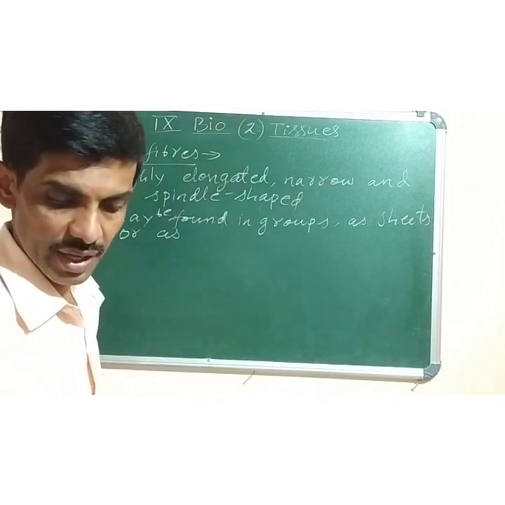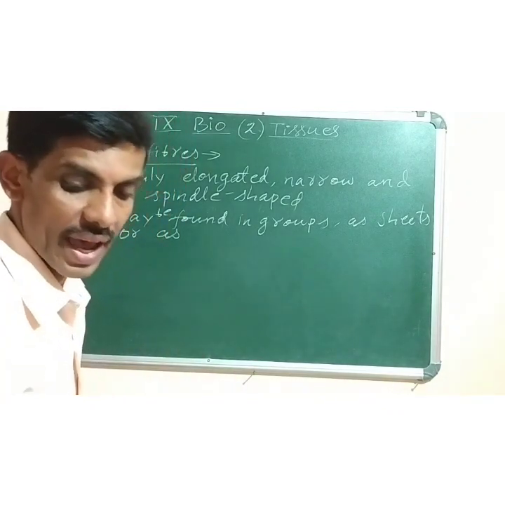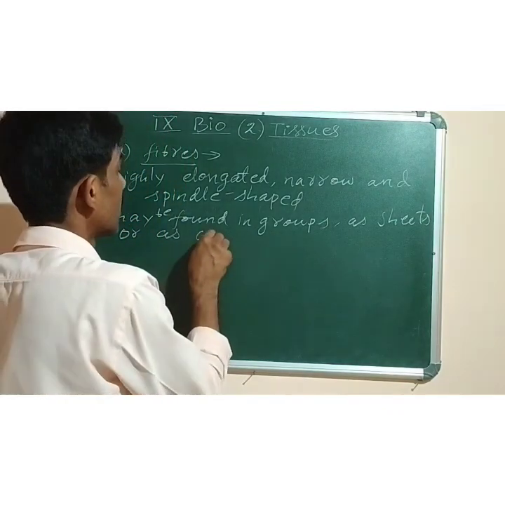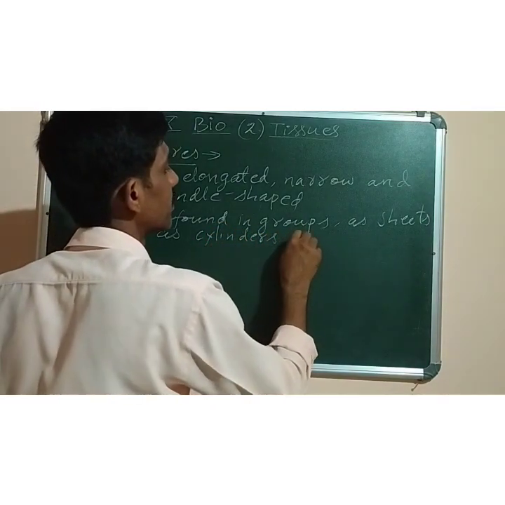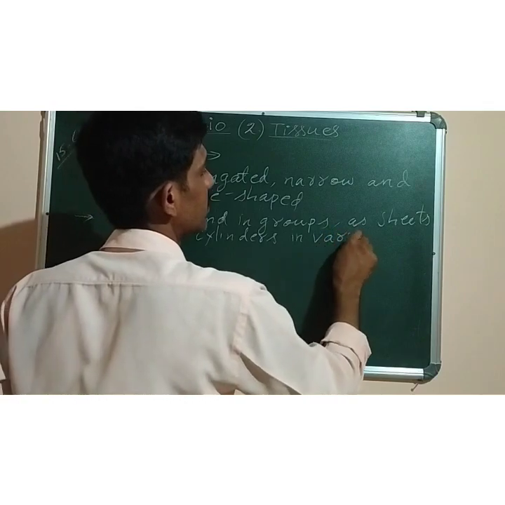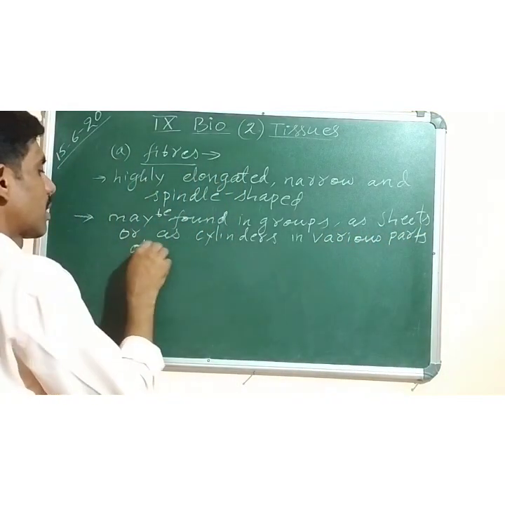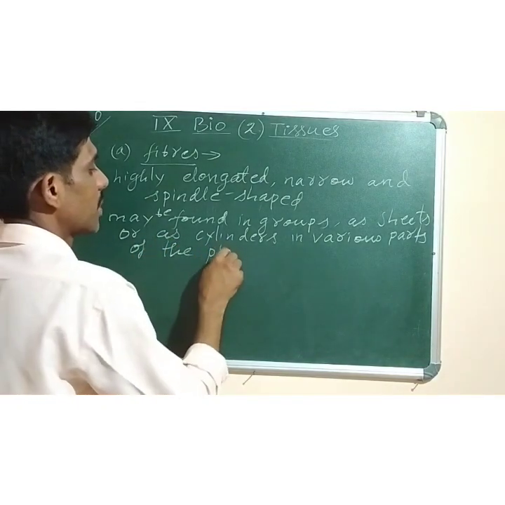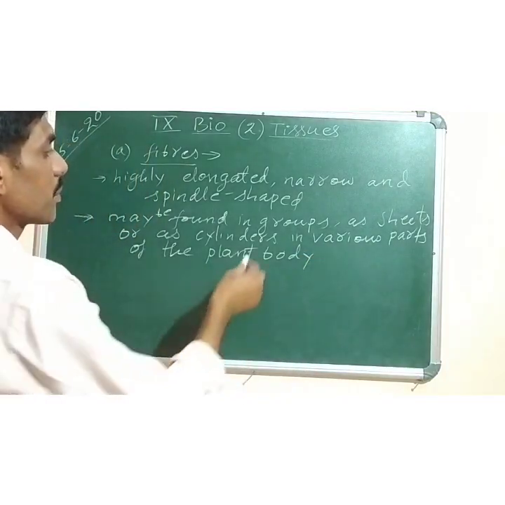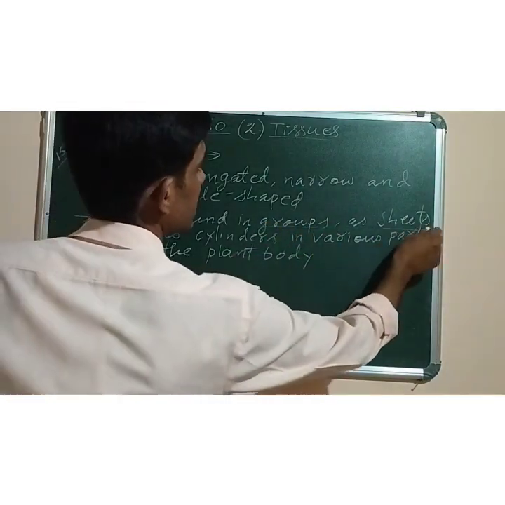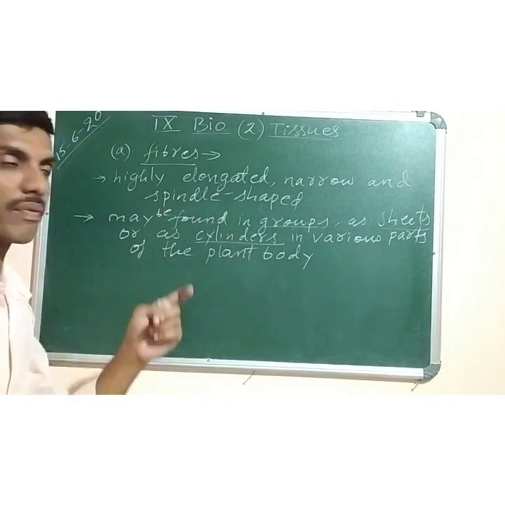They are mostly present in the form of groups, sheets, or as cylinders in various parts of the plant body. So these fibers are present either in groups or as sheets or in the form of cylinders, in different parts of the plant body.